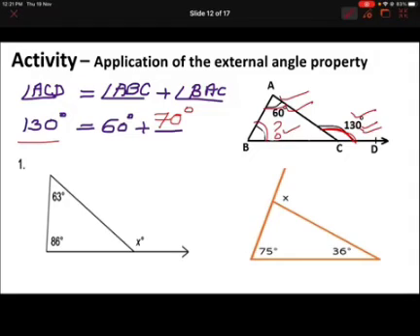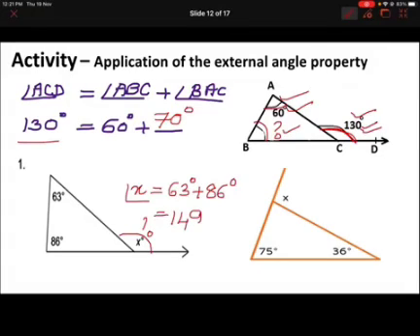In this example, you have to find angle X. How do you find it? So, angle X equals 63 degrees plus 86 degrees, children. So, 6 plus 3 is 9, 8 plus 6 is 14, 149 degrees is your angle X. Likewise, here he has extended this line. Here is your exterior angle.